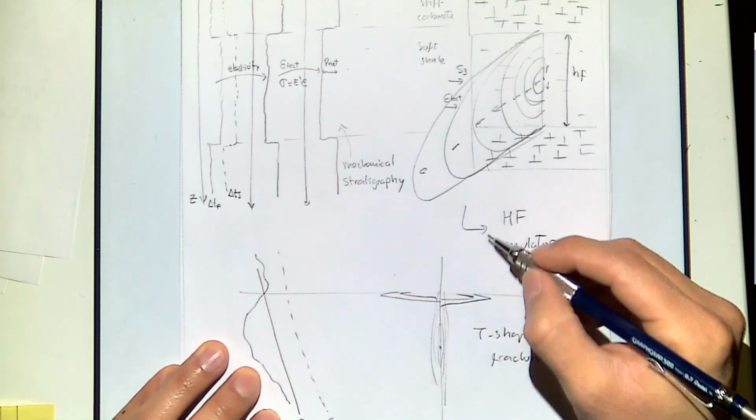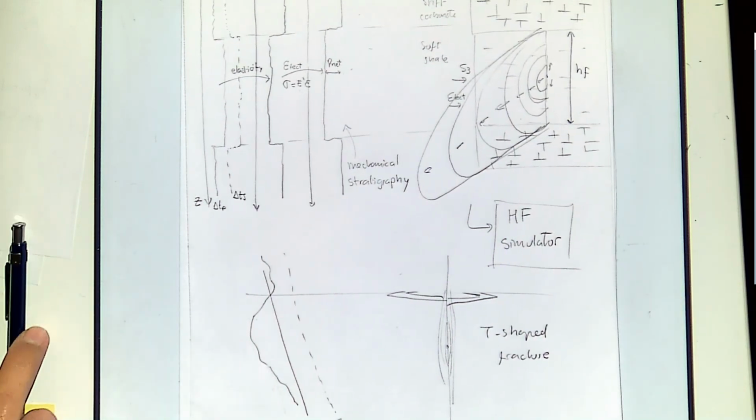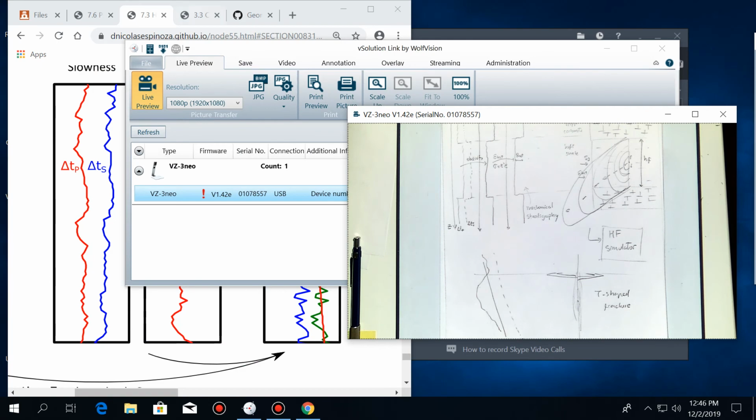It's not that complicated. It's just predicting, having a good grasp of the stress as a function of depth, seeing what your net pressure is, if your net pressure is going to go over or not, and if that's the case, what is going to be the new shape of the fracture and where the fluid is going to go.